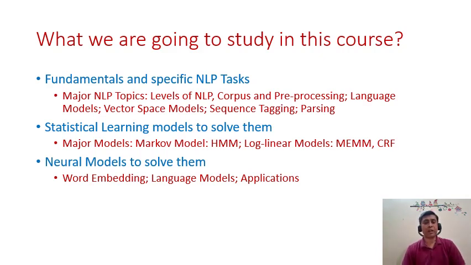Even in some of those models, you will see that some of these principles or statistical learning models are used. And in the third component of the course, we are going to discuss the neural models, specifically the different word embedding models, the neural language models, and a few applications.